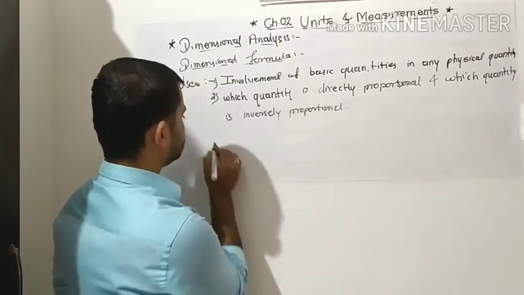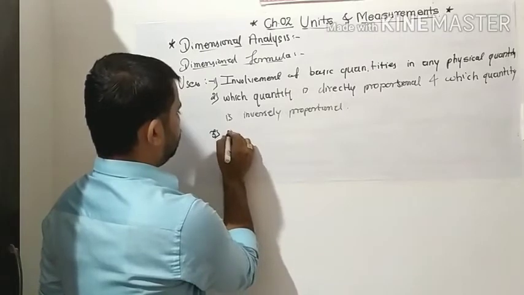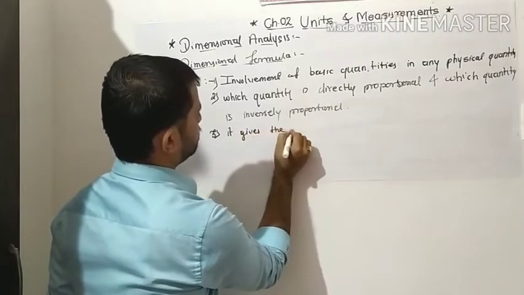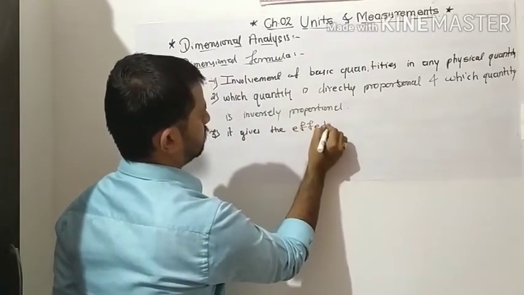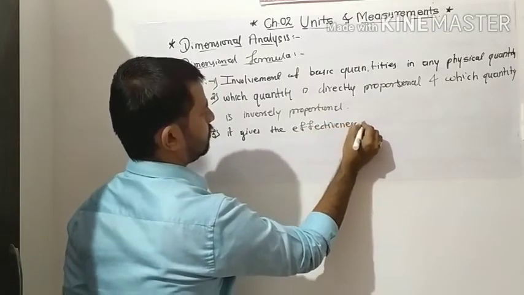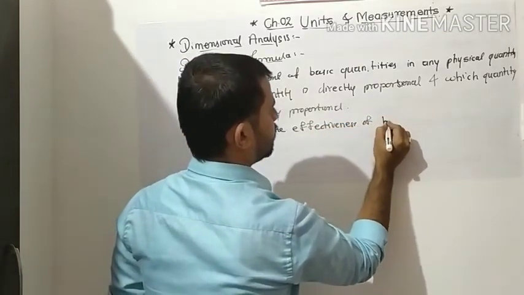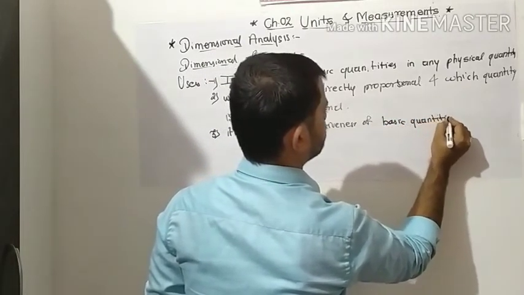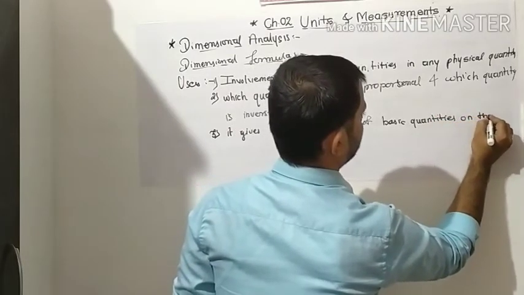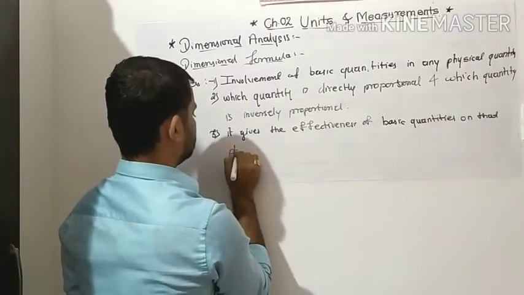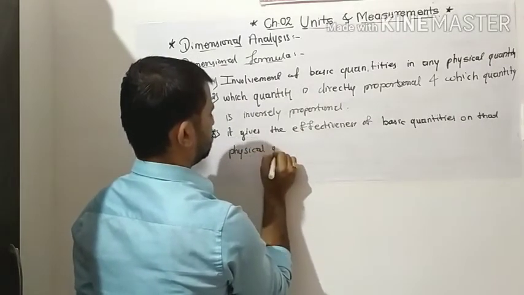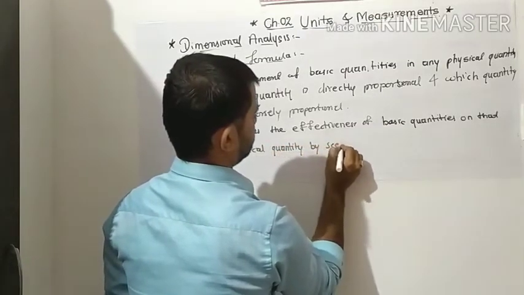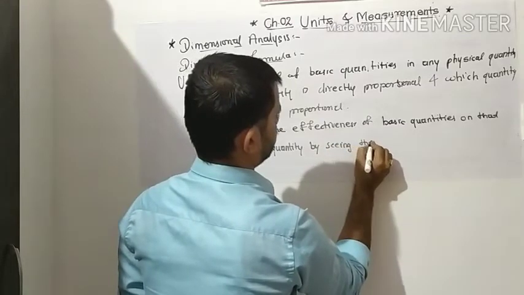So the third one: it gives the effectiveness of basic quantities on that physical quantity, by seeing the power.